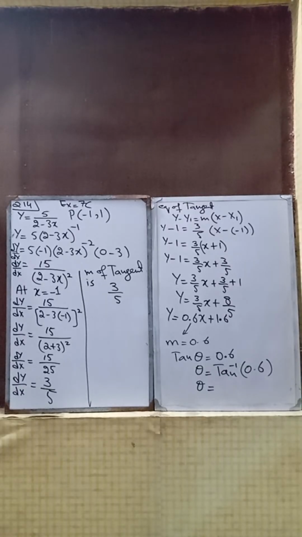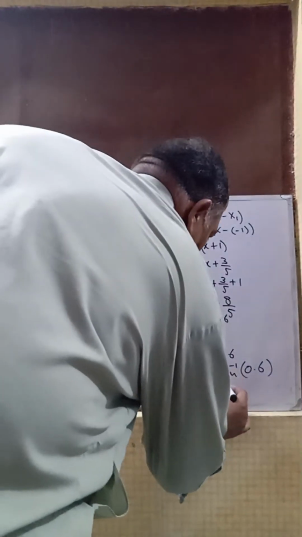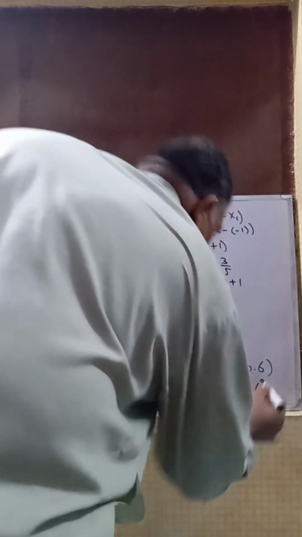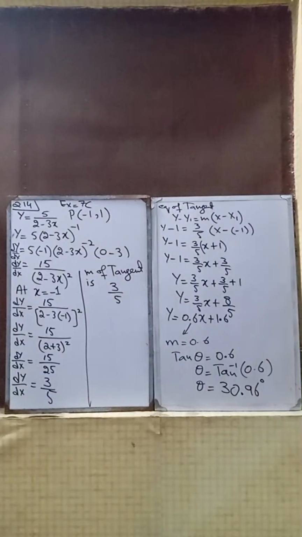So on my calculator, I will do shift tan 0.6 bracket close equals, in degrees, the answer is 30.96. The answer is in degrees, okay? 30.96 degrees. So this is how you find it, okay?